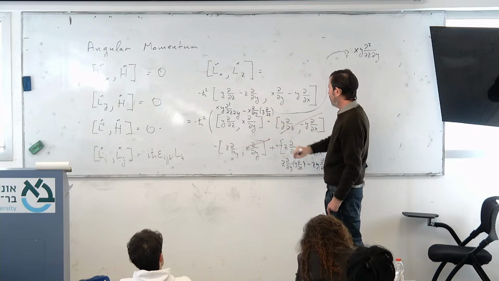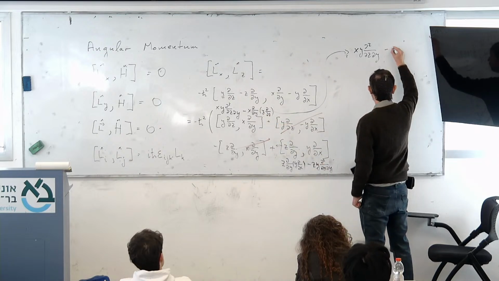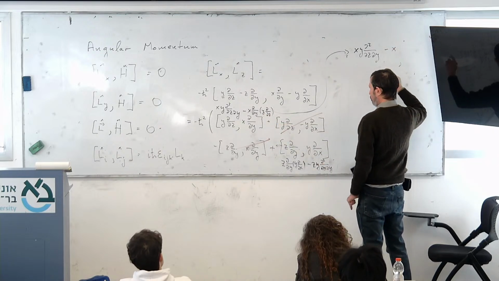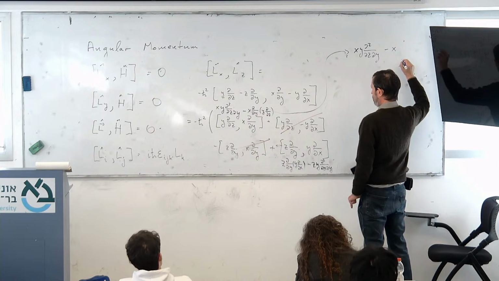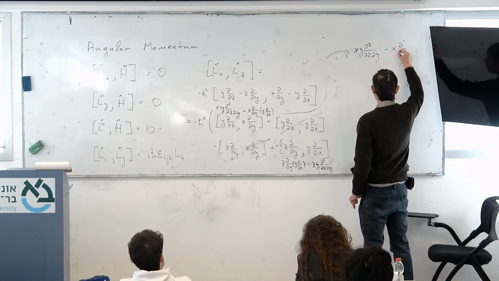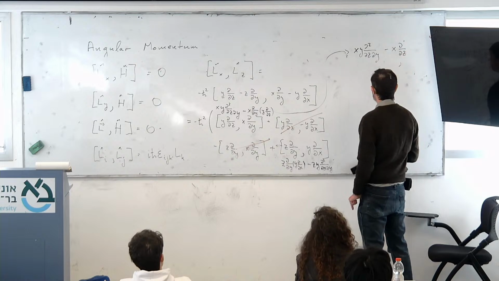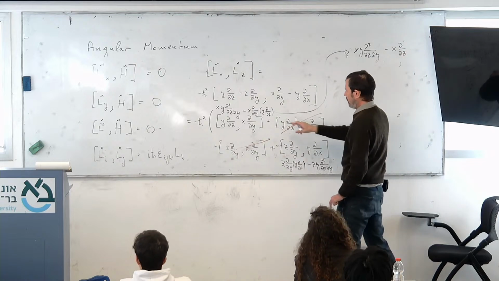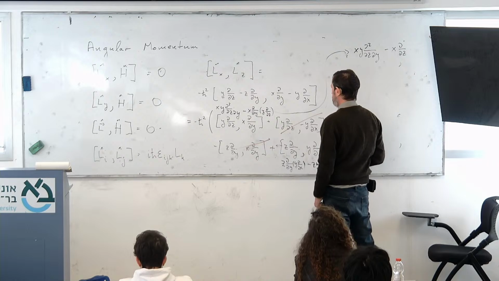And here I once performed the derivative on y, so it's minus x. z, and the second time.